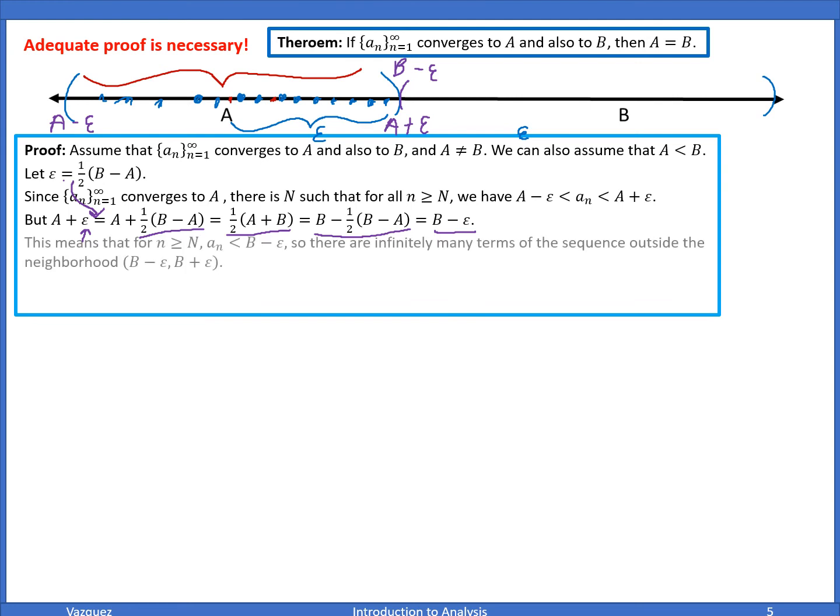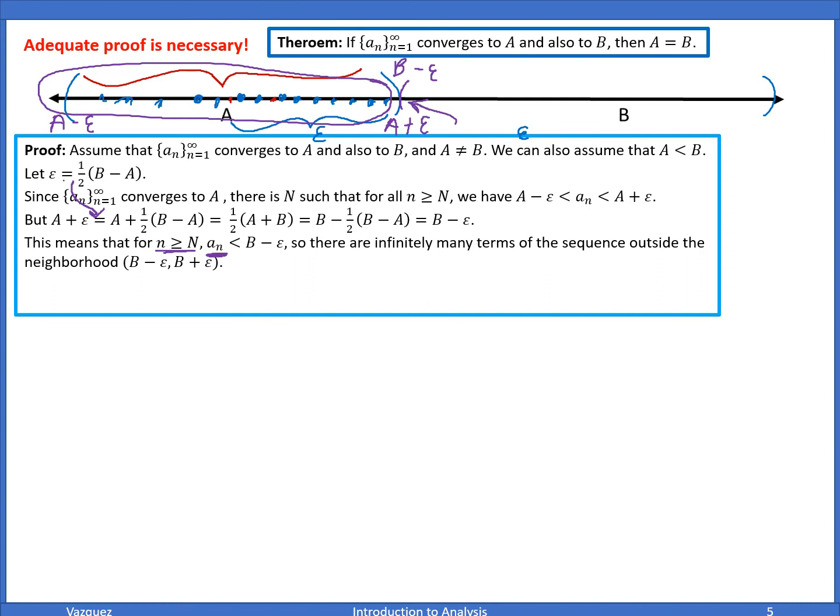Right? So why are we saying that? Well, because as we said, after a certain n, after a certain point, all the terms of the sequence were less than this point, right? Because they're inside this neighborhood over here.